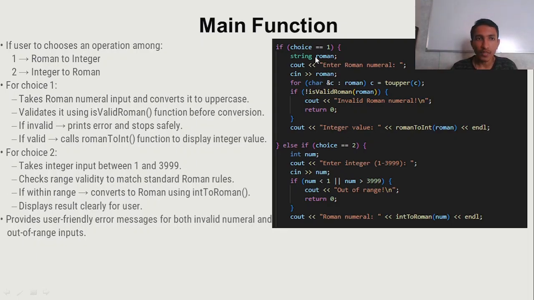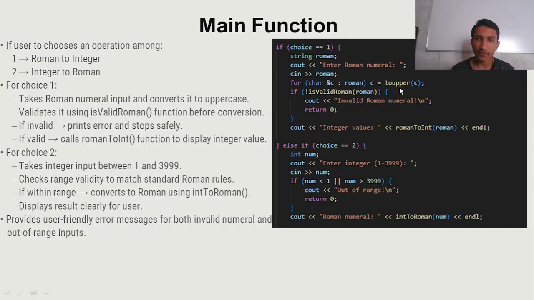So what will we do? First, we will take the Roman number from the user and validate it. Before validating, we will use this for (char c : roman), which does the operation for each character c in the string roman. We will convert it to uppercase to handle the situation where the user has input lowercase letters.